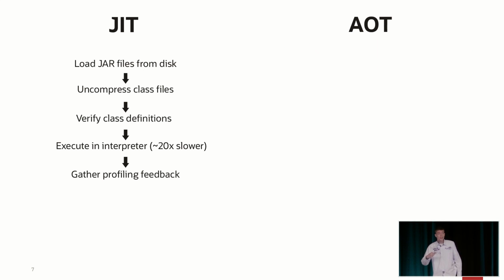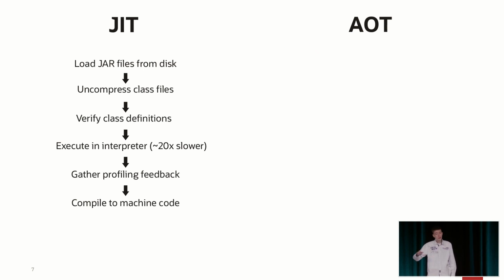And during this slower run, it will also gather profiling feedback. So it will try to understand how the program behaves. It will try to understand what types are involved, how often a certain loop is executed, and it will make note of this information about the program's behavior to then later feed this profiling feedback to the JIT compiler.